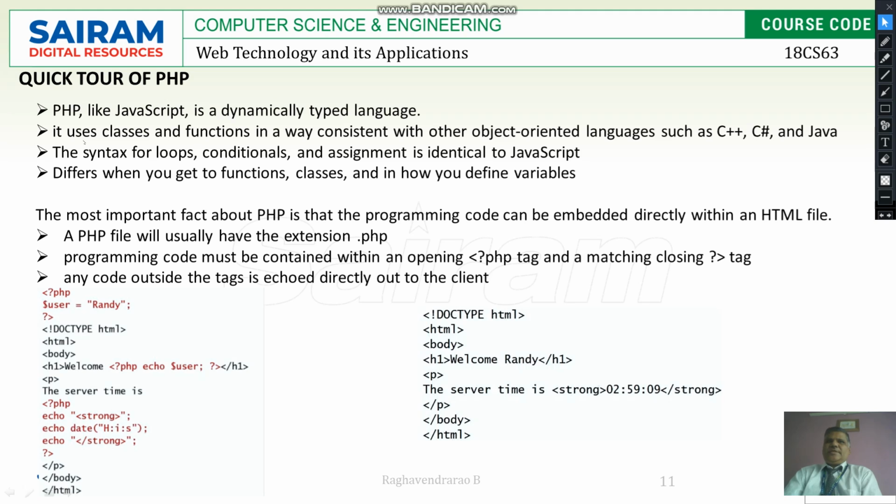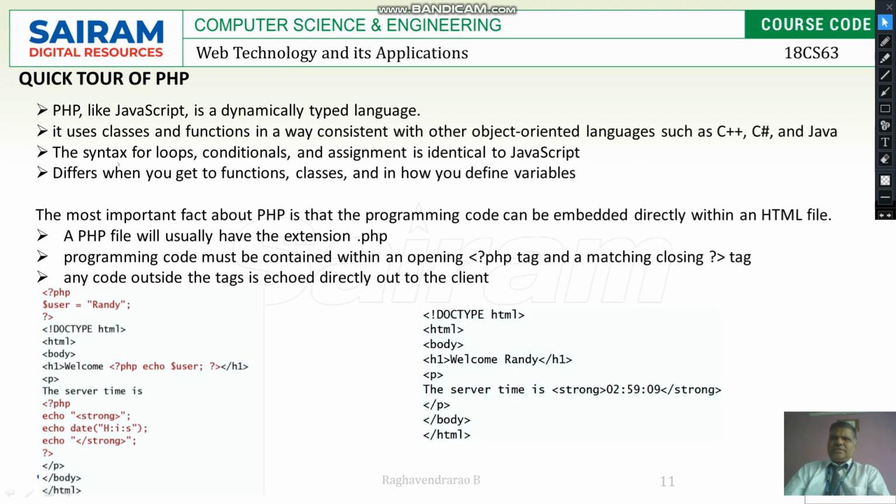PHP is similar to JavaScript. It's a dynamically typed language, and it uses classes and functions, because it supports object-oriented programming like other languages such as C++, C#, and Java.